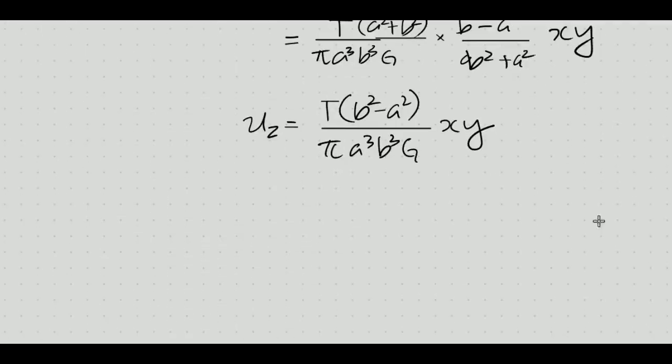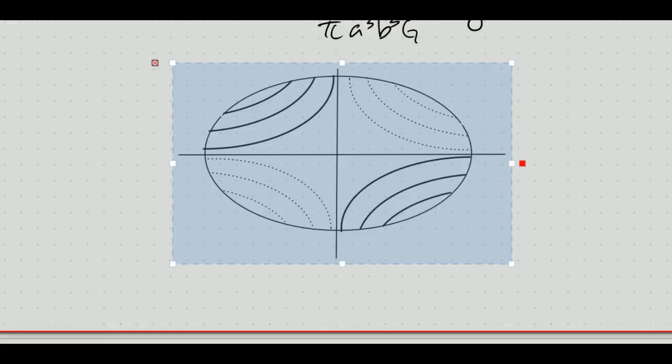So now we have the equation for uz. If we draw the contour lines, that is the lines along which uz is constant, they will be in the form of hyperbolas, shown like this.